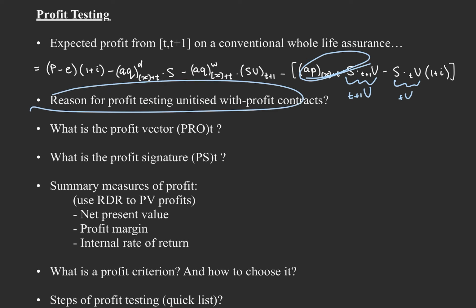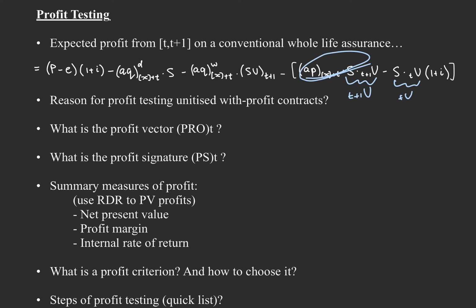what is the reason for profit testing unitized with profit contracts in particular? Okay, so in general, the reason for profit testing is because we need to ensure that our policies are viable. This is a way of monitoring the experience, okay? So we need to make sure our policies are viable. It's not just about monitoring the experience, it's also about setting our premiums in advance, setting valuations.